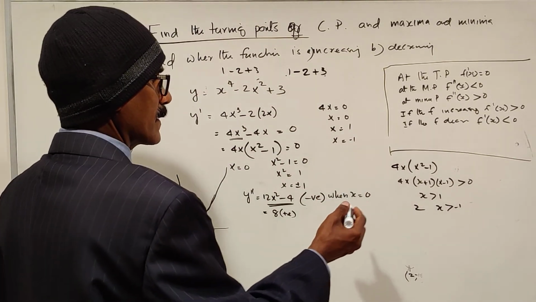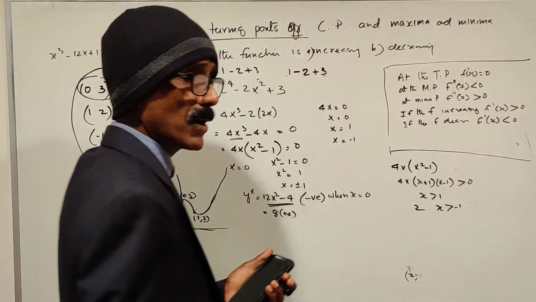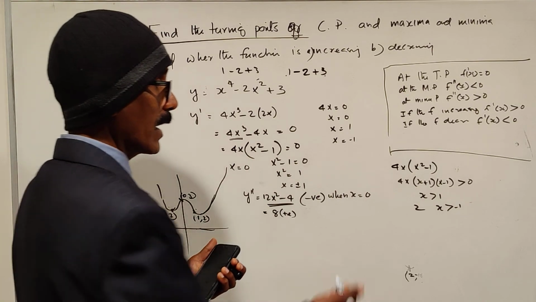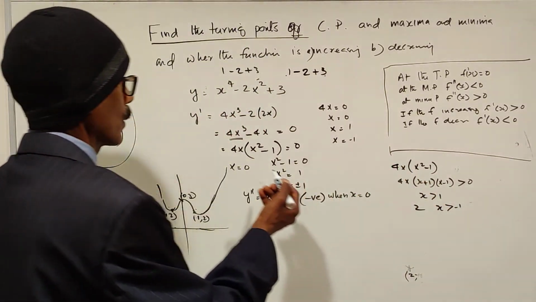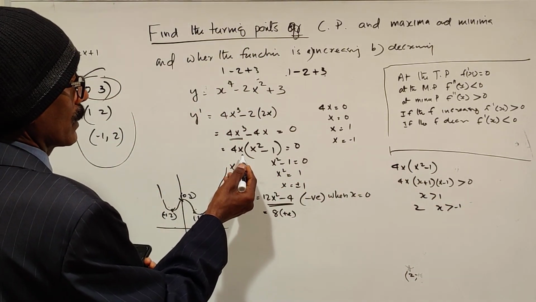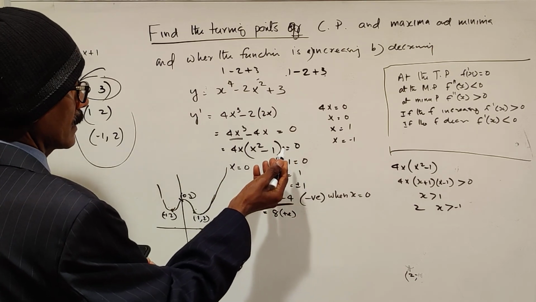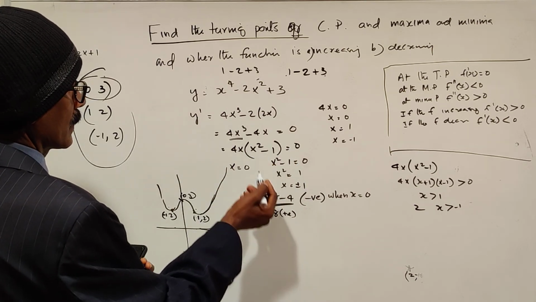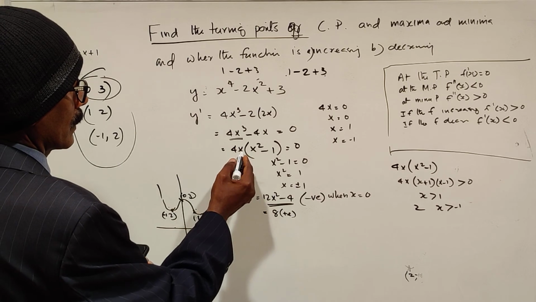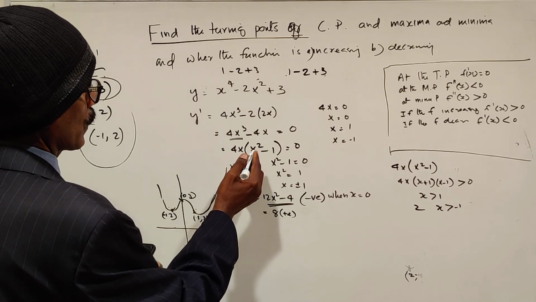Can you tell me an example of an integer greater than negative 1? 0. When you put 0, you get 0.